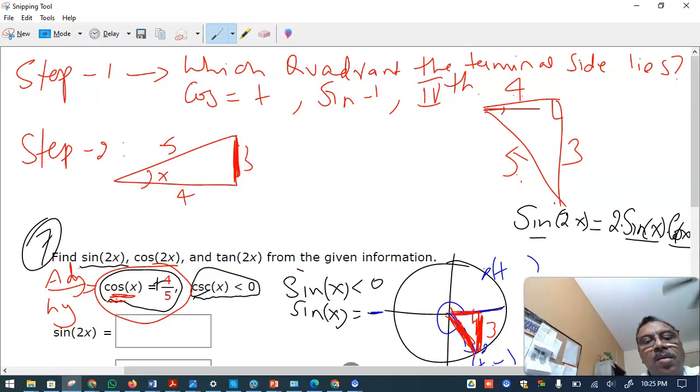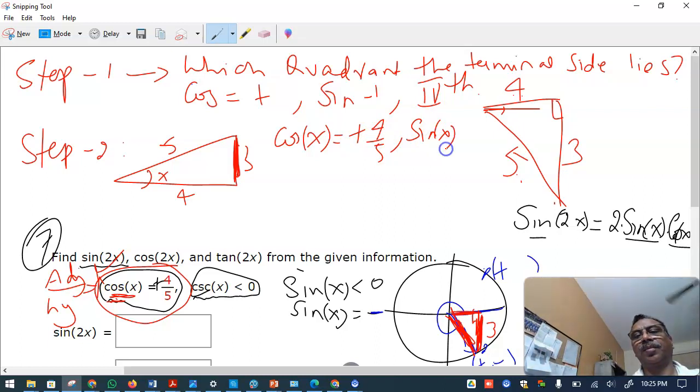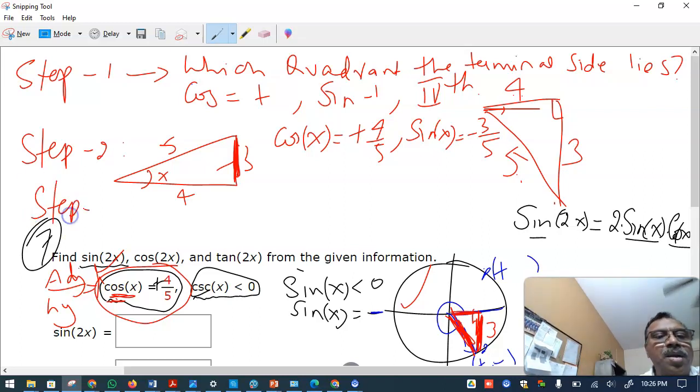Because cosine is given as plus 4 over 5, sine x becomes minus 3 by 5, correct? So this is the opposite sign. Either you use the unit circle to figure it out, or you can use the triangle. And step 3 is just plug in.